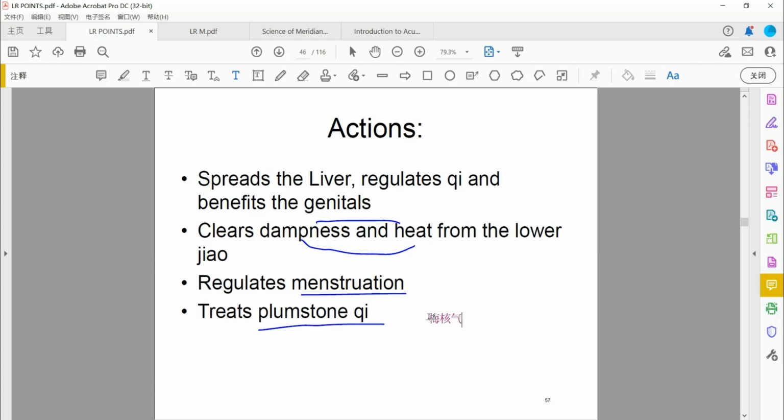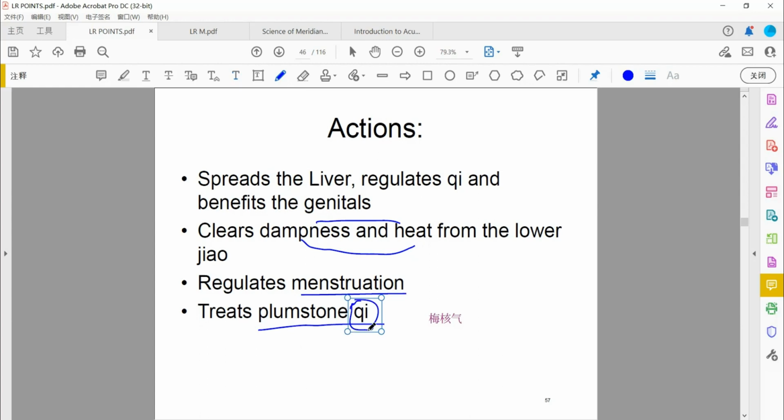And when they go to see the doctor to check the throat, nothing is found there. They can't find anything. It's just a sensation. So that's why it's called qi, right? It's not a real thing.